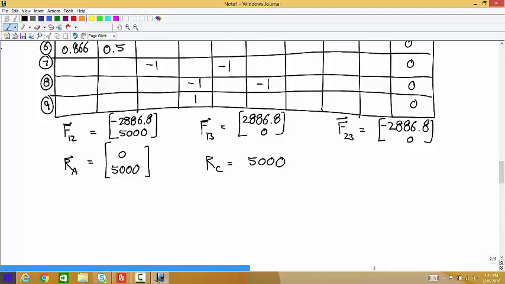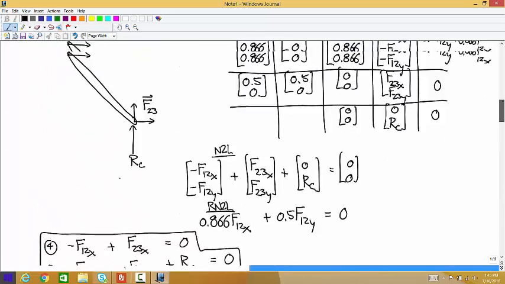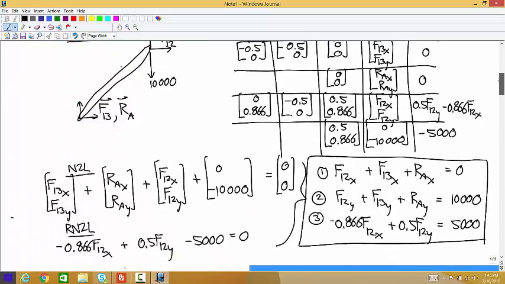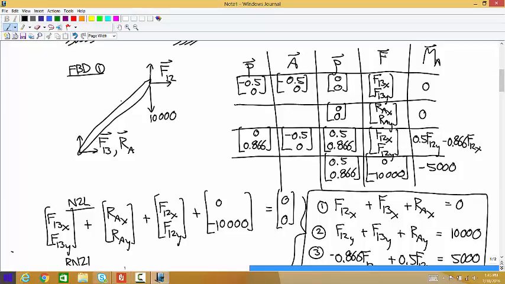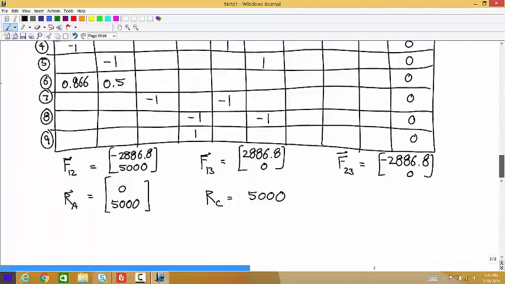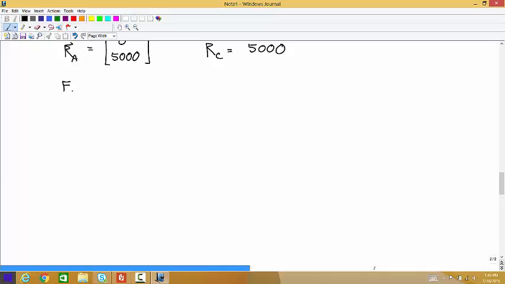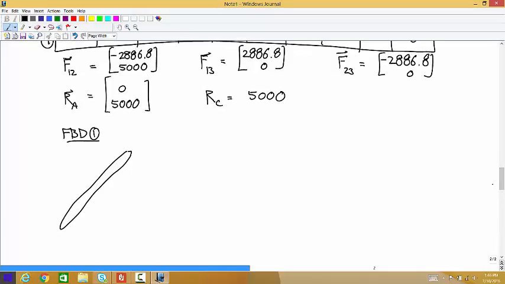So now if you plug these back into your free body diagrams, for body 1, at the bottom, it's F13 plus RA, which is the vector 2886.8, 5,000.